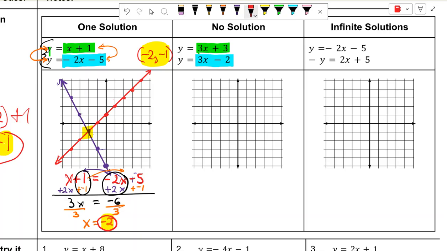The first one has a y-intercept of 3 and a slope of 3 over 1, and also negative 3 over negative 1. My next line has a y-intercept of negative 2 and the same slope, 3 over 1, up 3 over 1.